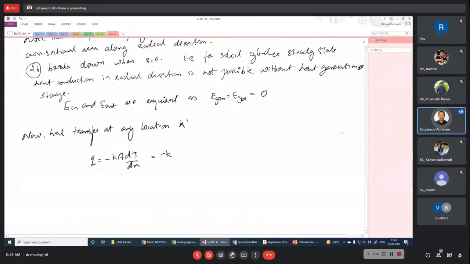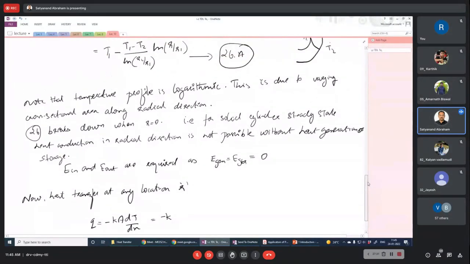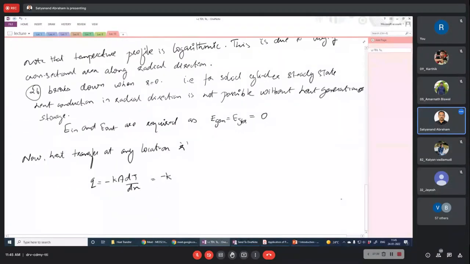What is the area at any particular radius? What is the cross-sectional area at any particular radius? Here what we have to find is the total area at any particular radius.